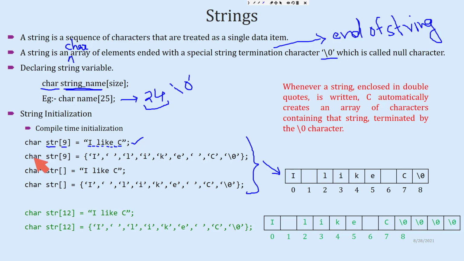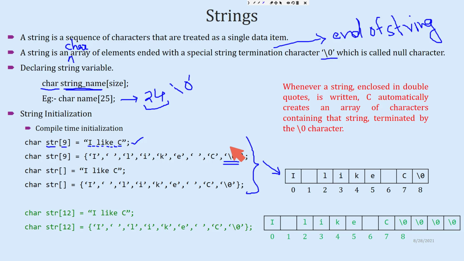Another type is like this. Within curly braces, we write all the characters within single quotes, separated by commas. At the end, we have to add one more character, \0. If I initialize the string variable like this, we have to mention this null symbol.